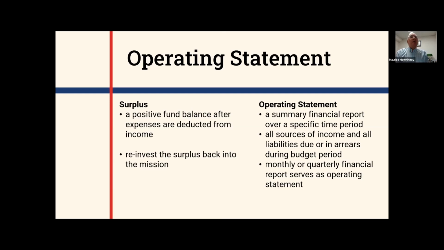Did we end up with a surplus, or did we end up in a deficit position? So this just gives an accounting of where we are throughout the year. Next slide.